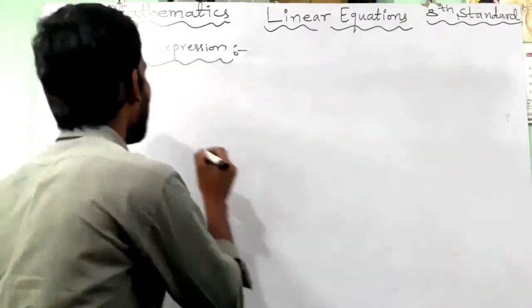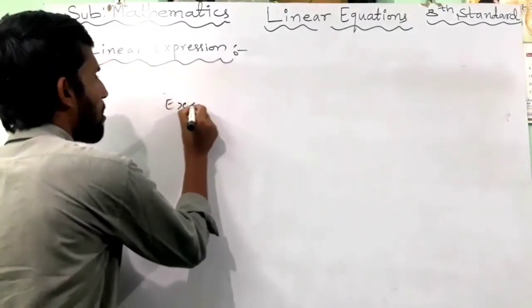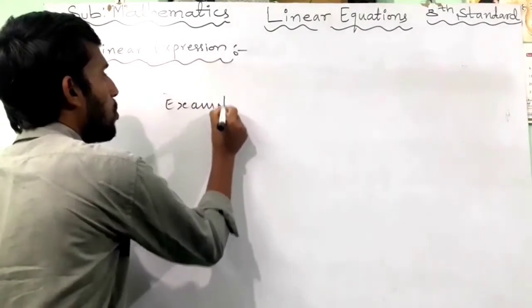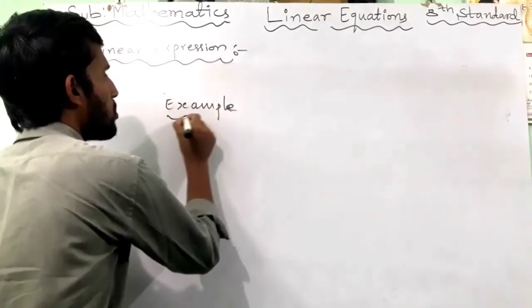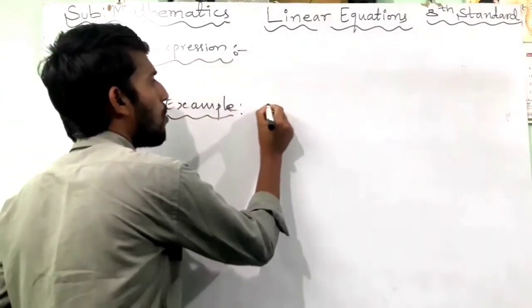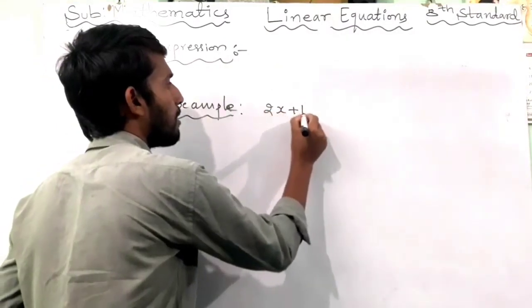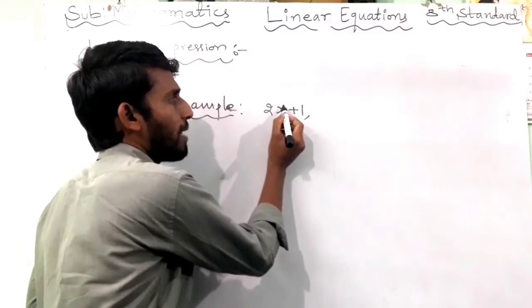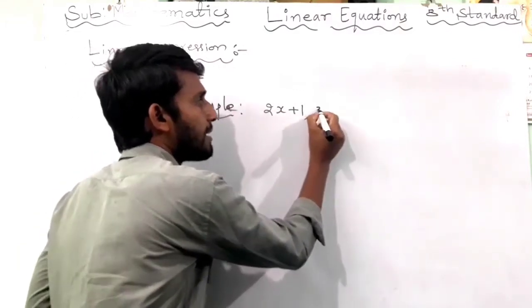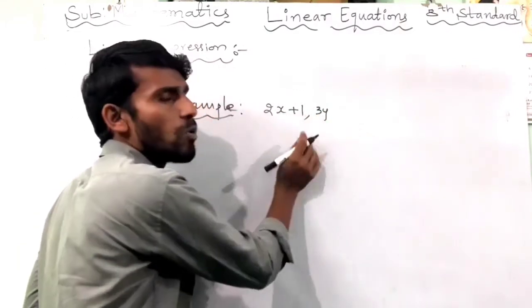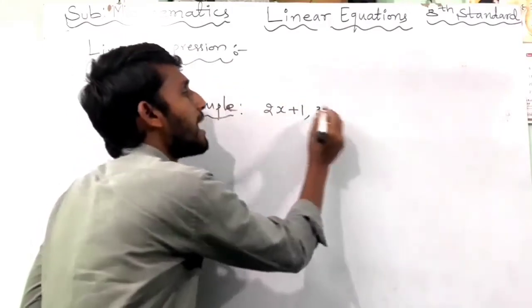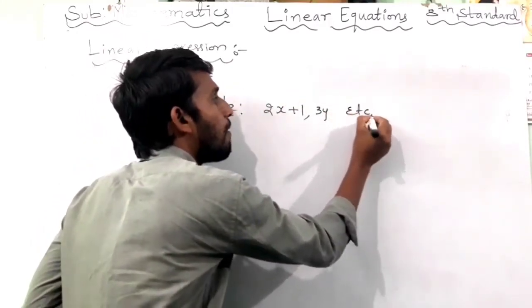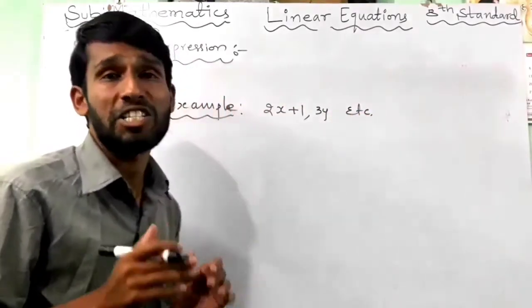For example, I will give some examples whose highest power is only 1. See, 2x plus 1. Here the variable's power is only 1, and 3y. Here also the highest power is only 1. Then we can say these are all linear expressions.